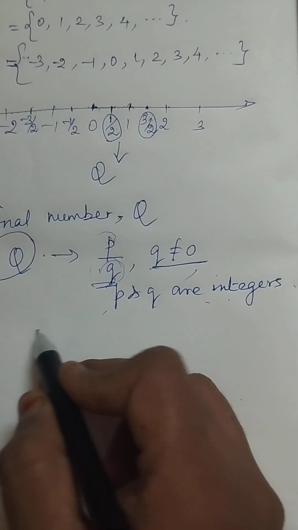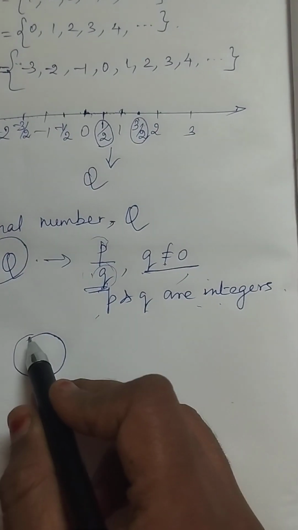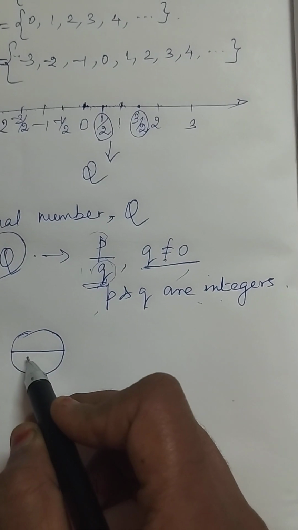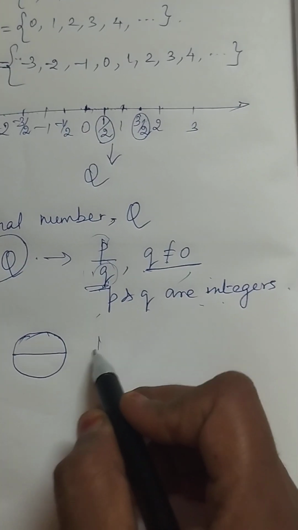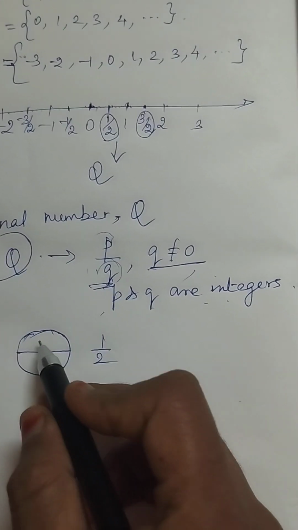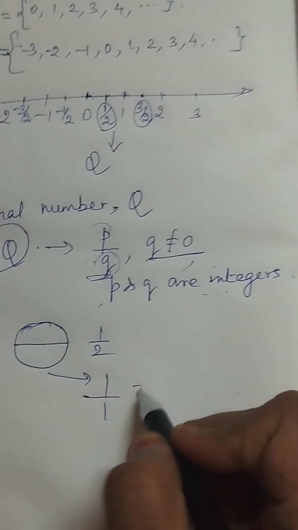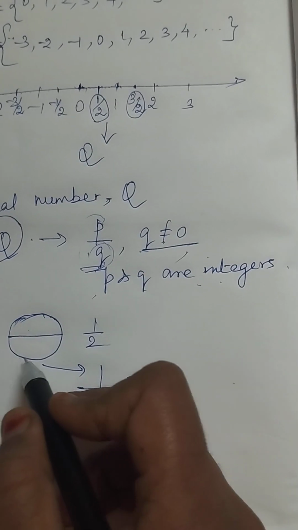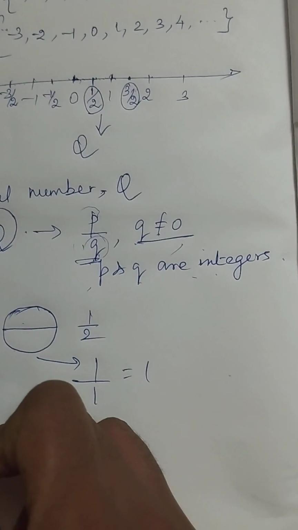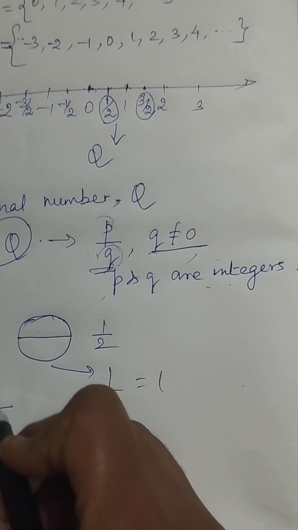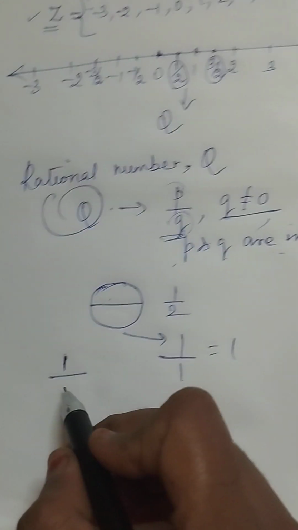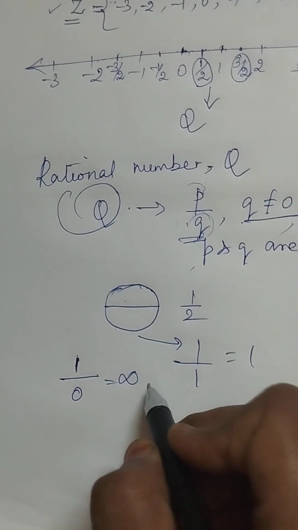Suppose you have a biscuit, you can divide it by 2. The whole divided by 2 is 1 by 2. If you divide it by 1, you get the whole itself, 1 by 1, that is 1. But you cannot divide this by 0. So whenever a number like 1 or 2 is divided by 0, it's a not defined number.